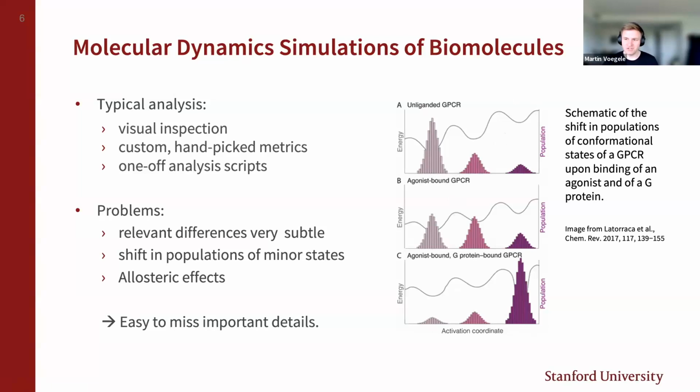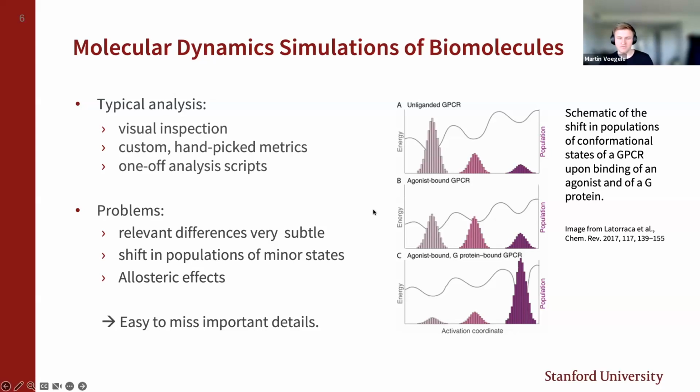Sometimes you have only a shift in minor conformations. So, for example, here the major state could not change too much, but the 2 minor populations change a bit in the probability with which they occur. And this can already have a big effect in the body and in how drugs operate, for example.